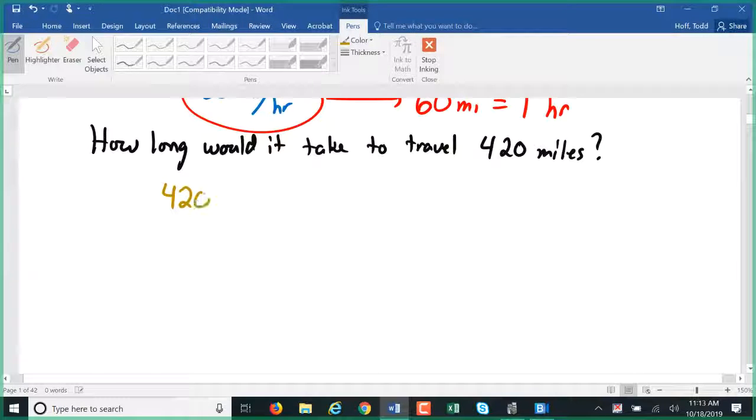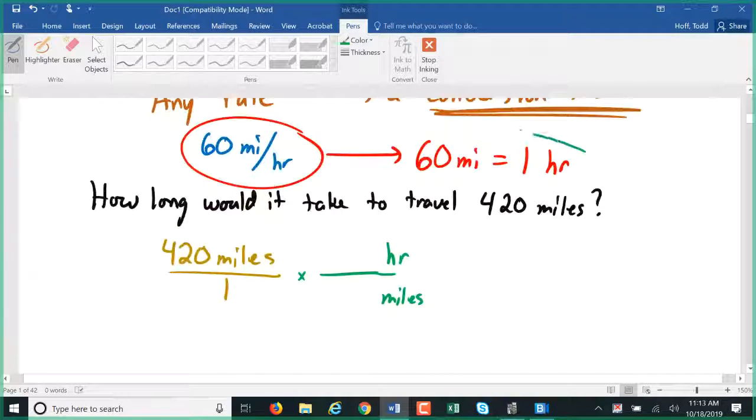Well, I'm starting out with 420 miles. I put it over 1, make it a fraction, just like I did when we were converting our measurements. The conversion factor I'm going to use, I want to go from miles into time, it's going to be hours. That conversion factor comes from my rate. That's telling me 60 miles is equivalent to 1 hour.